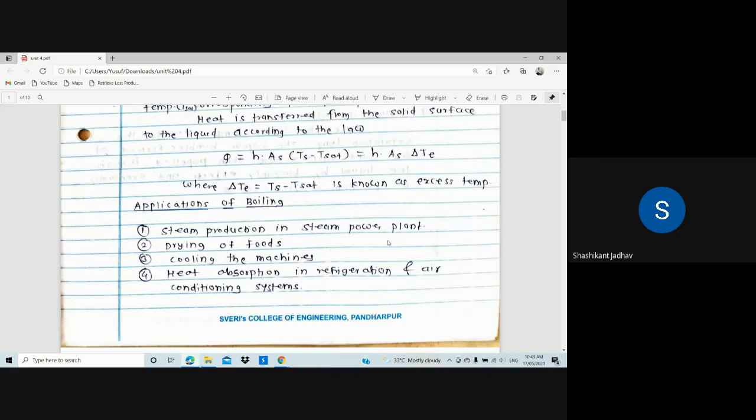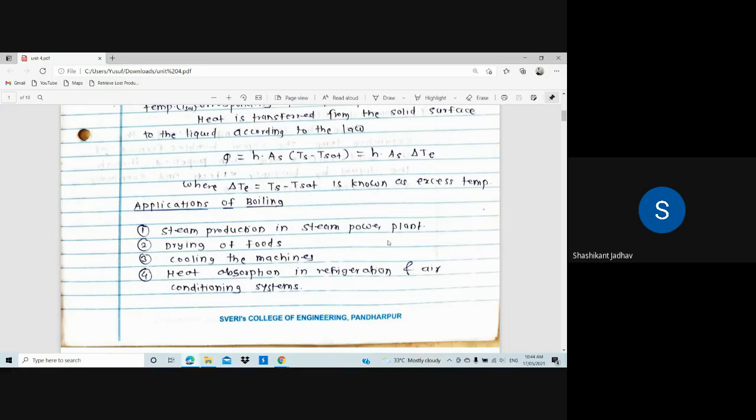So write down the next point, applications of boiling. Write down first, steam production in steam power plant.